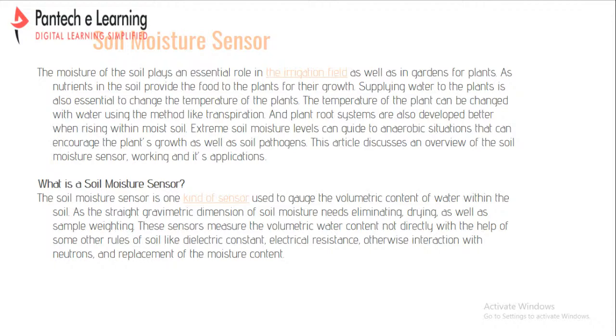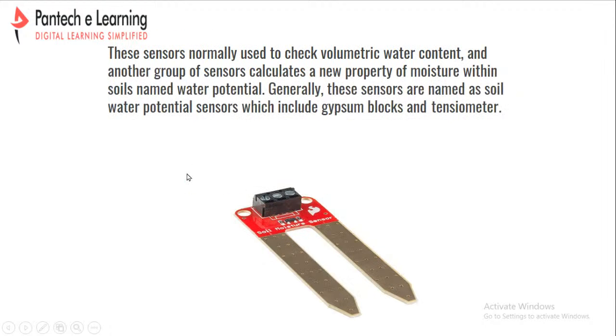The dielectric strength is different when the soil is dry and when the soil is wet. So these are the two electrodes, and whenever you keep them in wet soil, the dielectric constant or resistance will vary.